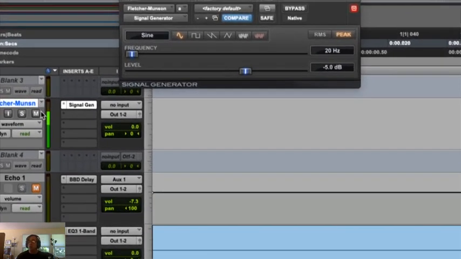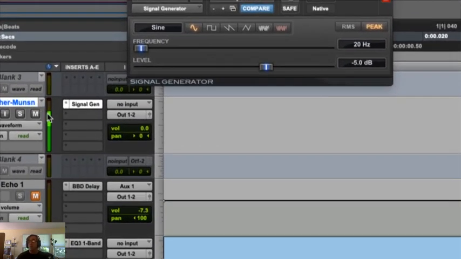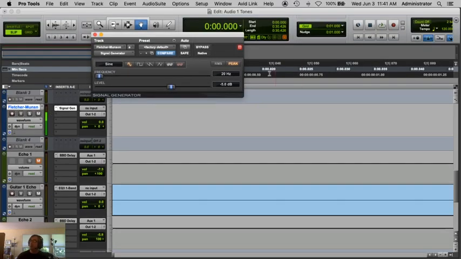Now I want you to notice that my signal meter is going to remain the same the whole way through. So now we're at 20 hertz. This is the very bottom of our hearing range. Again, you probably won't hear it because of your speakers or headphones. I can't hear it, but I'm going to move it up.